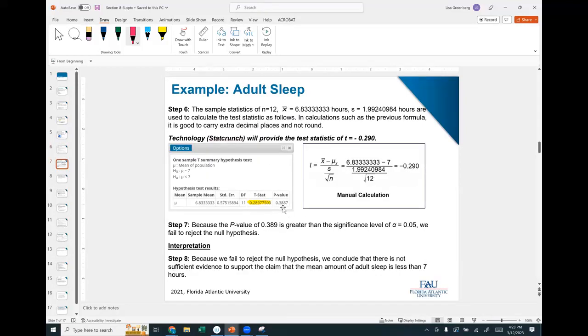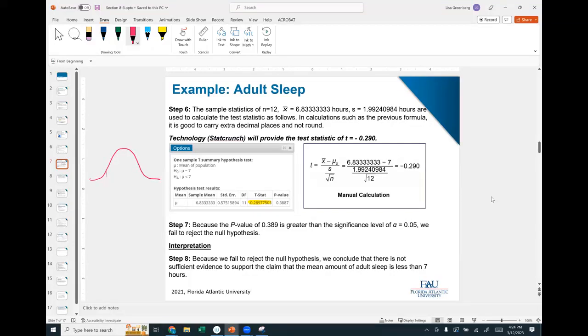So that's where the 0.3887 comes in. And because the p-value of 0.389 rounded to 3 digits is greater than the significance level alpha, which is 0.05, or as I showed you in that picture, I can draw that picture again.